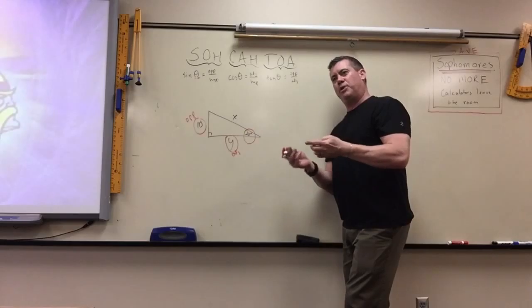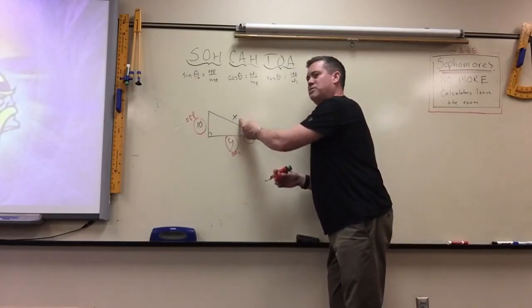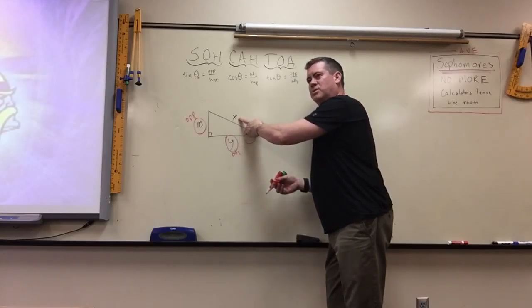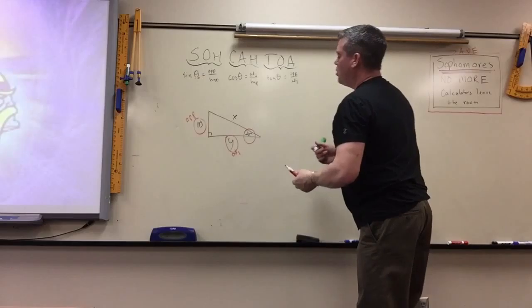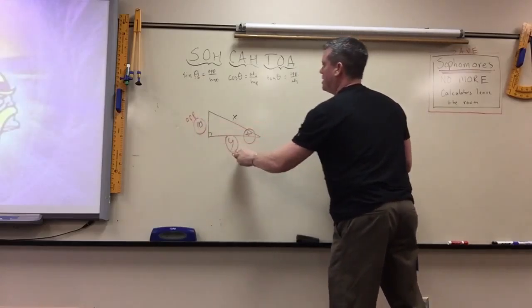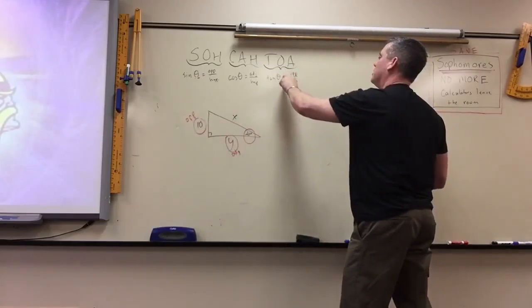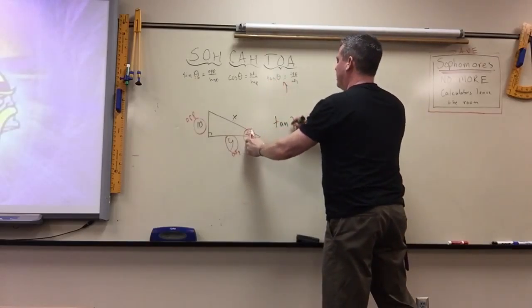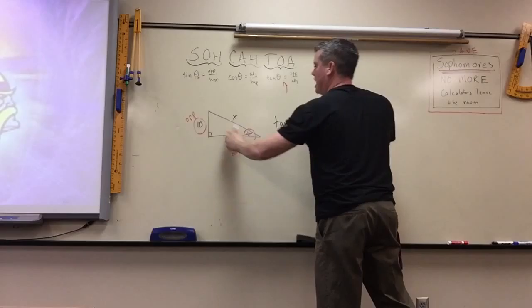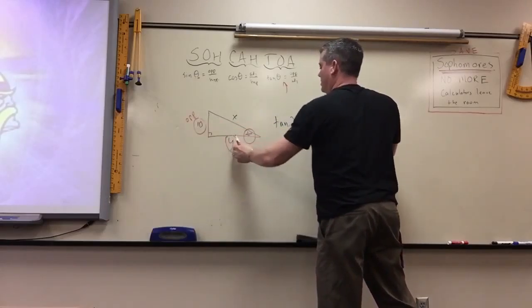Now remember, I pointed this out yesterday, some people say, well, X is also adjacent to it. They are hooked to it. But why is X not considered adjacent? Because it's the hypotenuse, right? So when you set this up, opposite and adjacent is the tangent. So we just fill them in. Tangent of the angle equals opposite over adjacent.